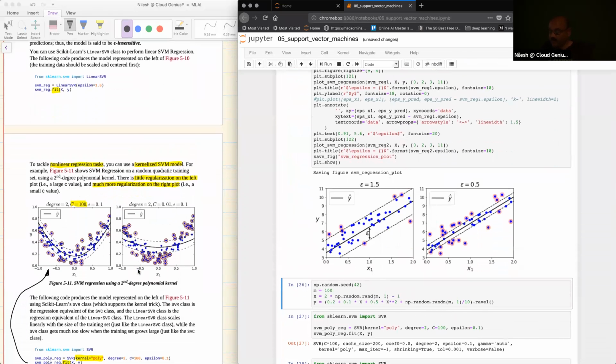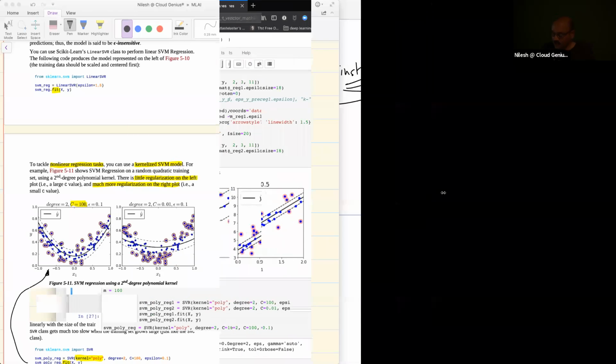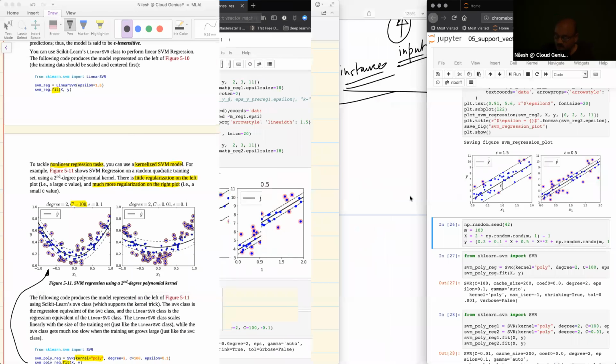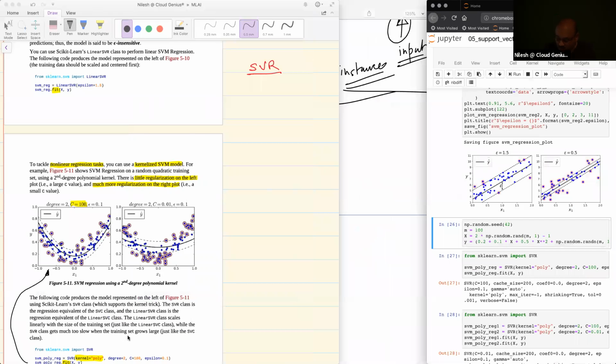Now, if you have a data set that is inherently quadratic in nature or multi-order polynomial in nature and not linear, not straight lines, then if you have data points that look like this and you try to fit a straight line, it doesn't work. We already know that.